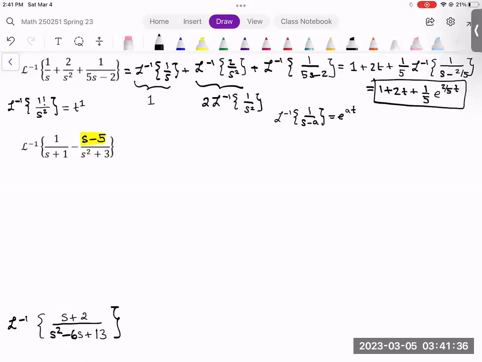Okay. And so we are going to be using linearity here. 1 over s plus 1, that's the same thing as 1 over s minus -1. And then we're going to be subtracting off the inverse Laplace transform of this piece. So we have s minus 5 over s squared plus 3.